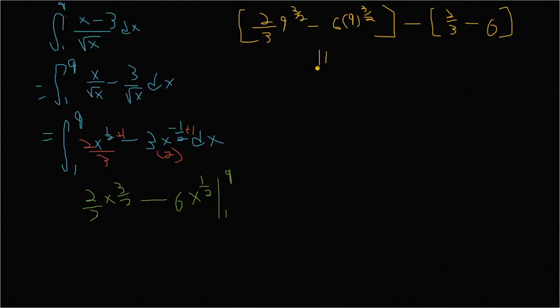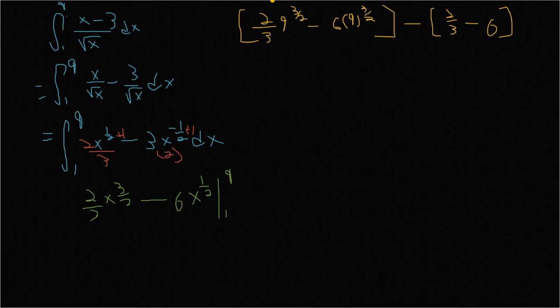And so when you simplify this out, the square root of 9 is 3. 3 cubed is 27. 27 times 2 over 3 is 18, minus 9 squared.